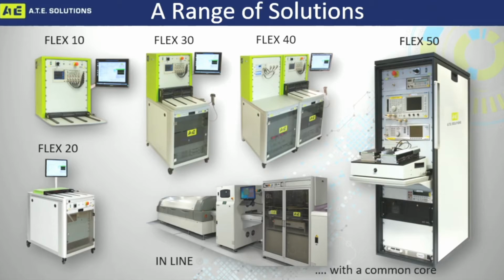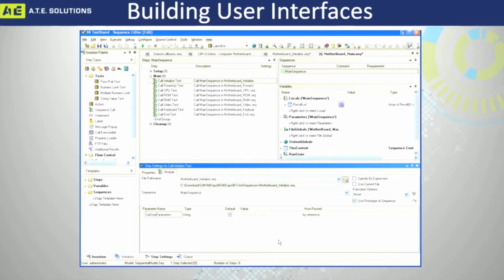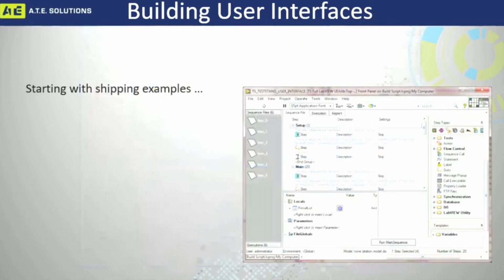So that brings me to talking about the user interface that we use on the TestStand system. I guess you're all aware that the editor environment isn't something that you want to be using on a production line. It's just far too complex for operators to get their heads around and just too much scope for them to go wrong with it. So that's a no-no.